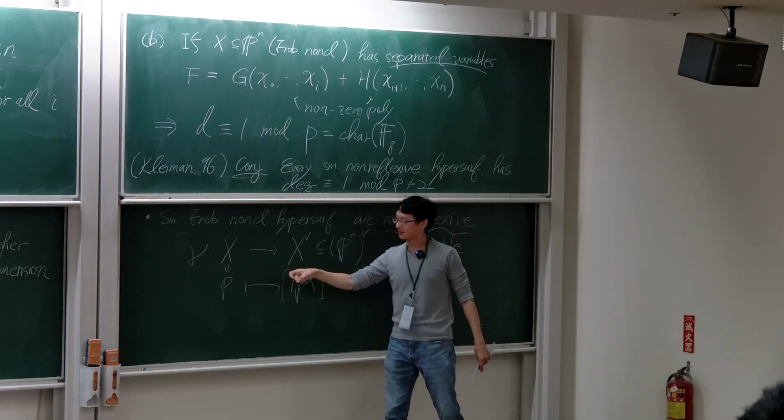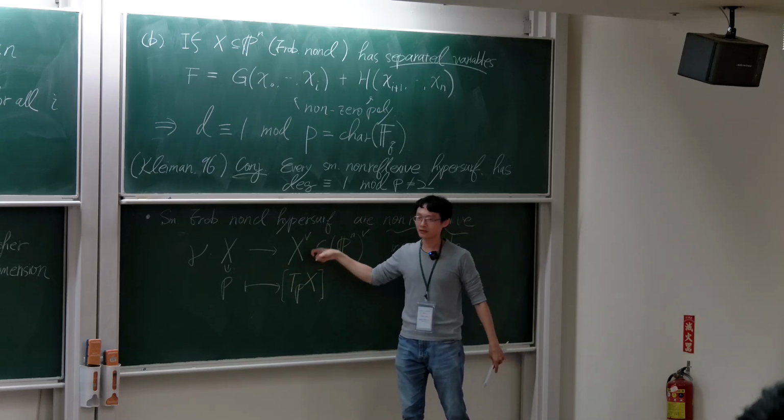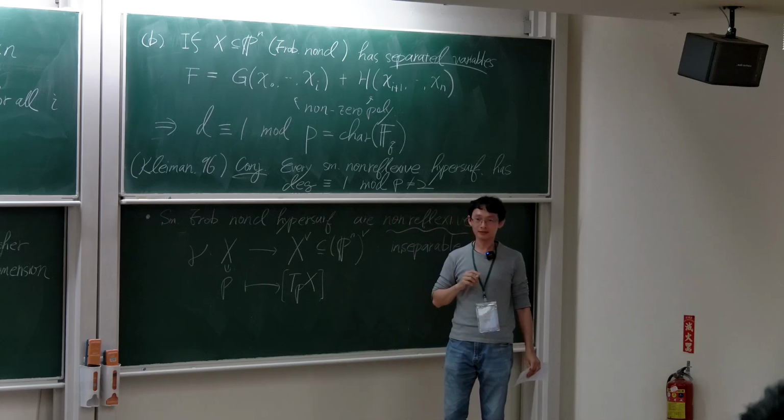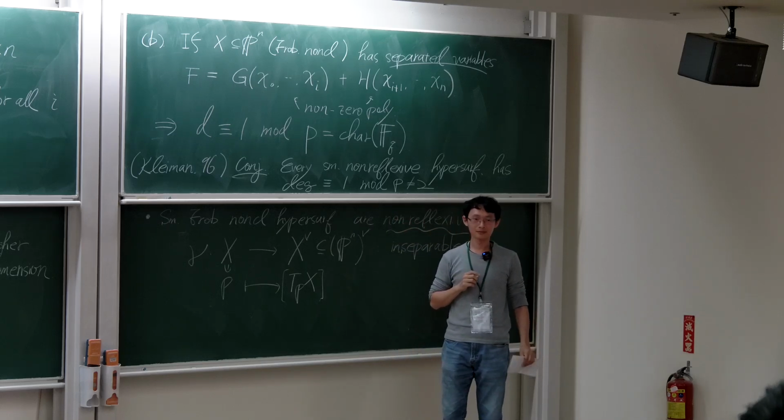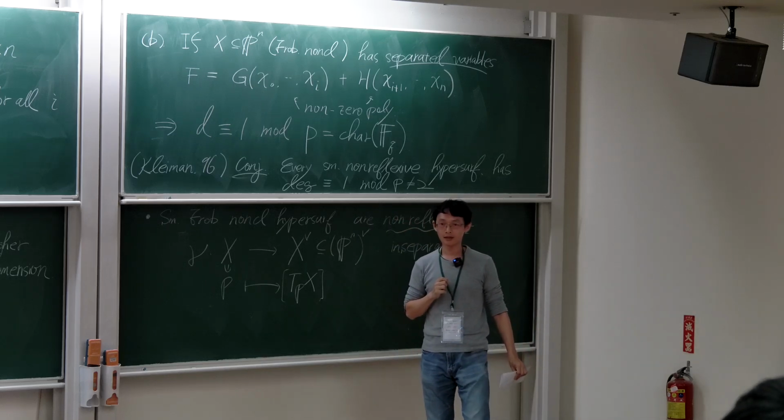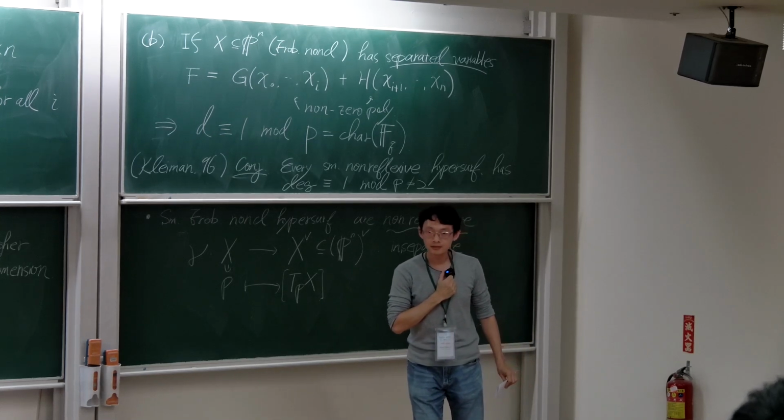You map X to the dual space, and its image is this X dual.